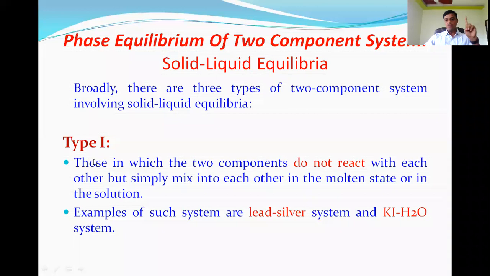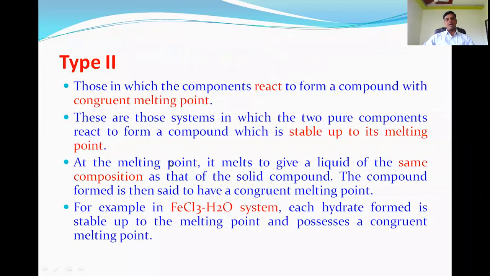First type, in which two components do not react, but they form a homogeneous mixture. They mix together in their molten state. And examples, just remember, are the lead silver system as well as the potassium iodide water system. These are the two examples of type first solid liquid equilibria.